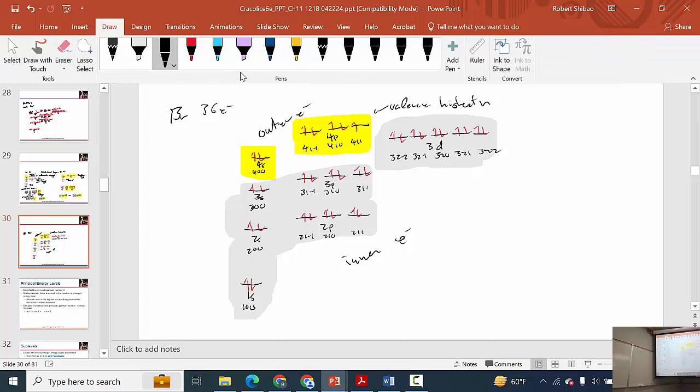And so when we do different diagrams for this, for example, the orbital box diagram, that takes up a lot less space.